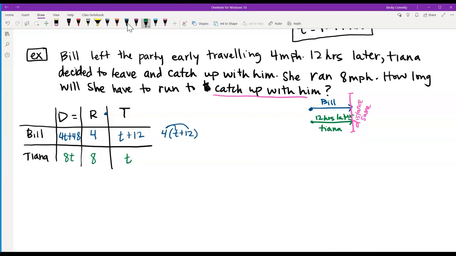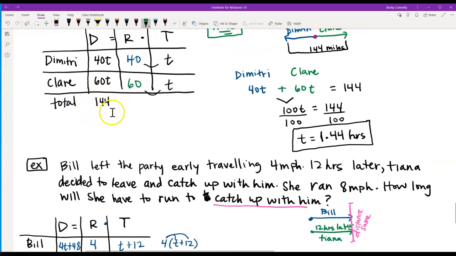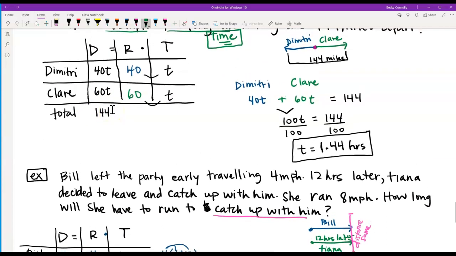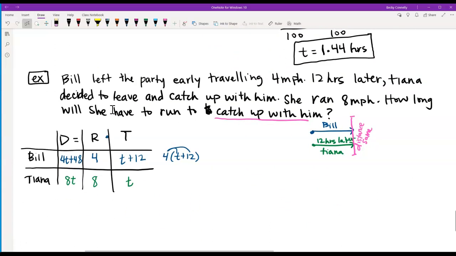But on this one, remember on the last one we knew the distance. It gave us a distance and said they were going to be so far apart from each other. Well, on this one it doesn't tell us that, but we know they're going to end up going the same distance. It's just that one leaves later than the other.